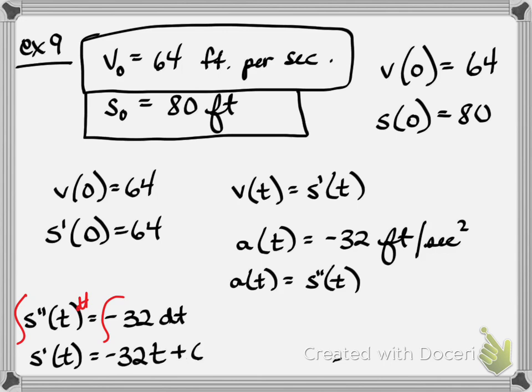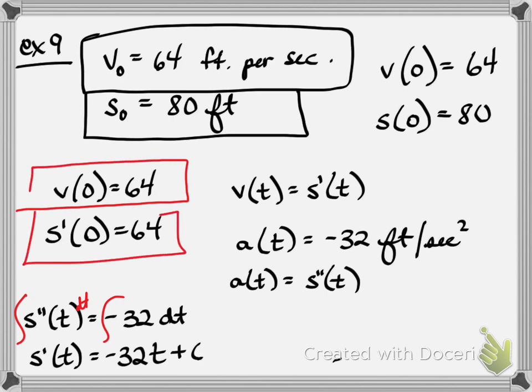Well, we have an initial condition dealing with velocity, which is our s prime of t. We know s prime of 0 is 64. So s prime of 0 equals negative 32 times 0 plus c. And we know s prime of 0 is 64, so we put the 64 in.